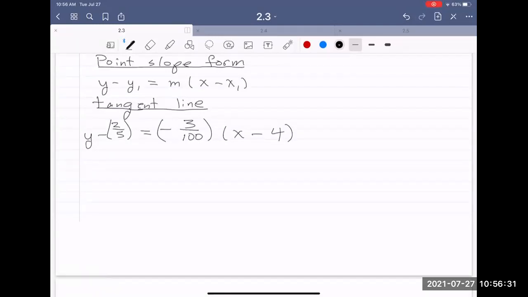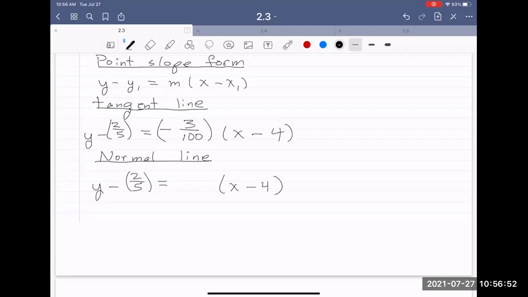So now let's find the equation of the normal line. The equation of my normal line goes through the same point. So it's still y minus 2/5, and it's still x minus 4.